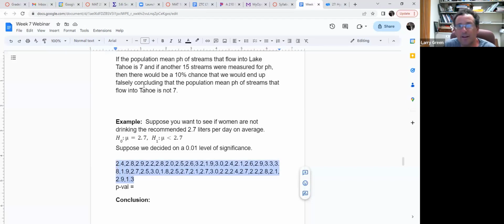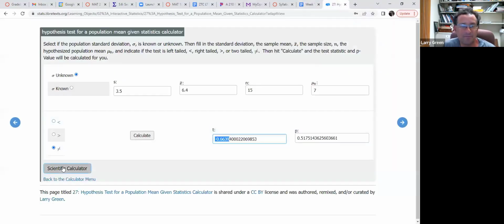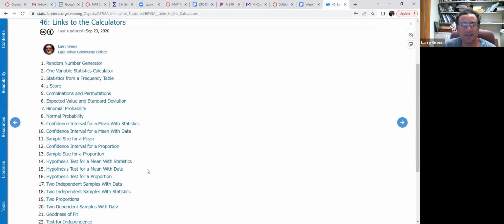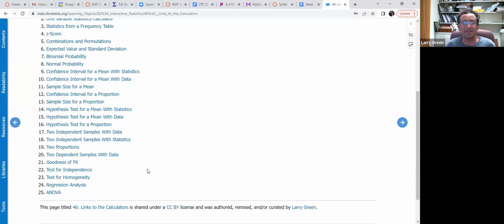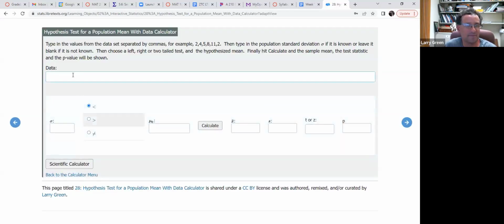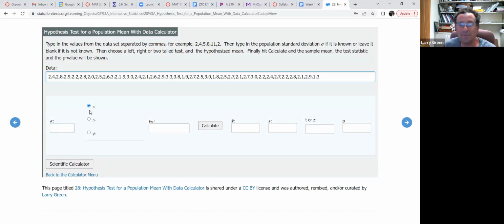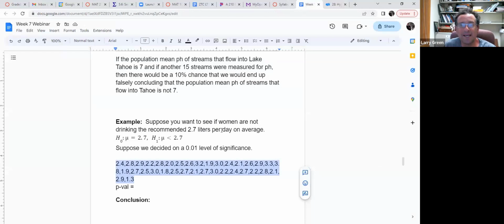All right, so now we're ready to go to the calculator. And what calculator number do you think I'm going to use? Yeah, this is 15. By the way, I didn't do it for you because we only have so much time. But on the first example, that would have been hypothesis test for proportion if we had all the data. But here we have hypothesis test for a mean with data. And then I put in the data. I just copied and pasted it. We don't know a standard deviation, so leave that blank. We have a less than. Our mu naught, again, was 2.7.